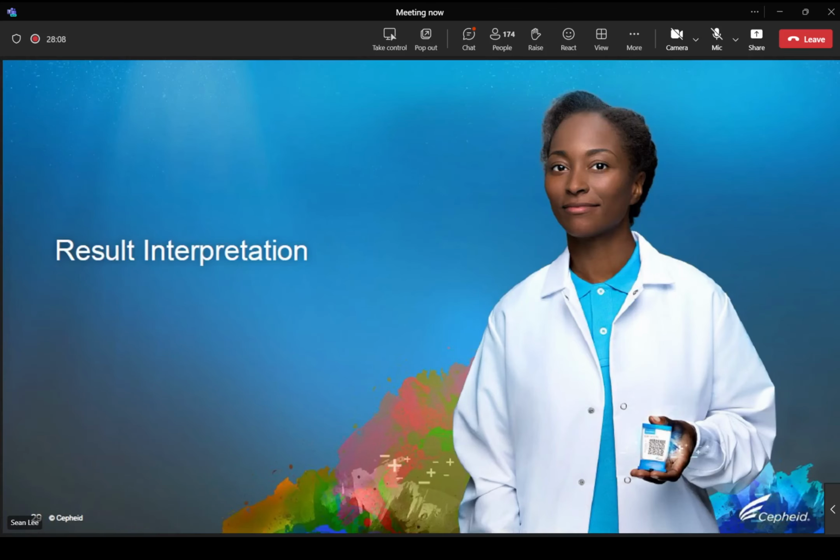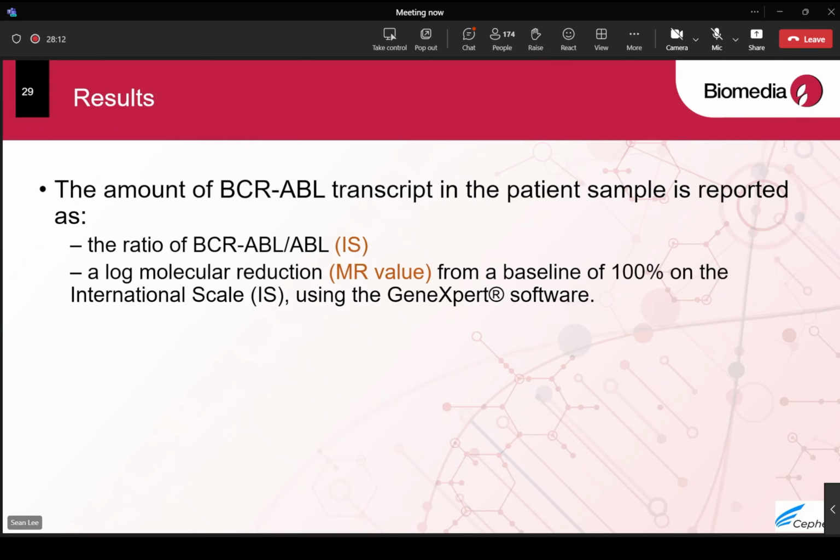So let's go through a little bit on the results interpretation. This is the result that you get from this GeneXpert system. You will get the amount of BCR-ABL transcript, reported as the ratio of BCR-ABL over ABL in IS value, and also the log molecular reduction, MR value.